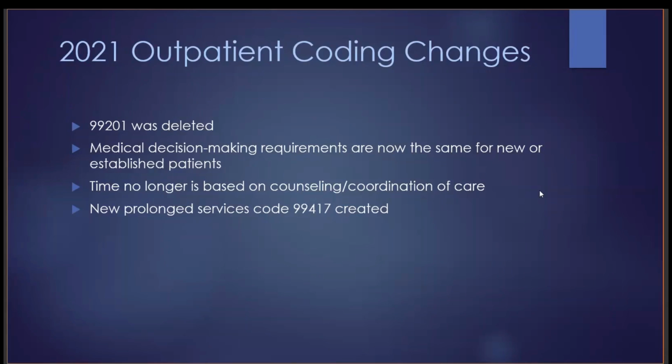So your requirements for a 99214, your established patient level 4, are the same as a new patient level 4. Time is no longer based on counseling or coordination of care. It's based off the total time for the visit on that date of service, and we'll talk a little more about that. Finally, we have a new prolonged service code, 99417.